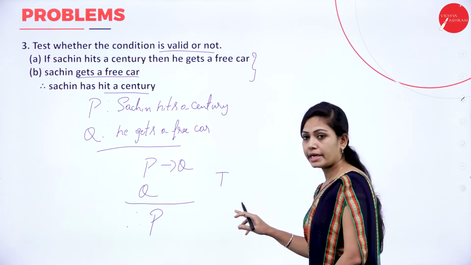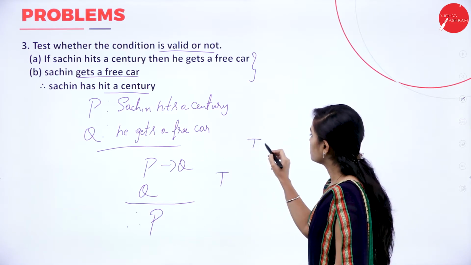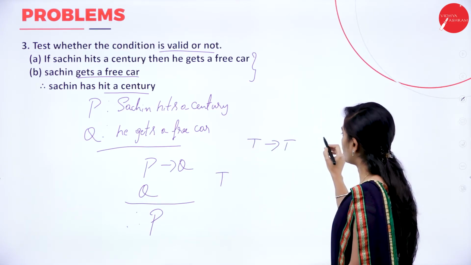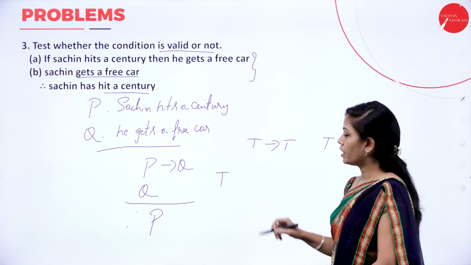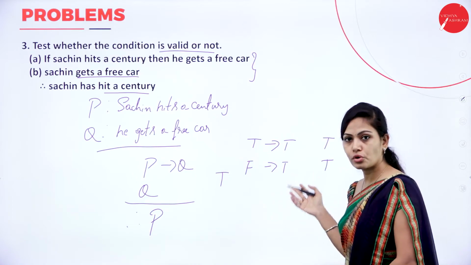There is no rule which asserts that P must be true. For example, true implies true gives true, and false implies true is also true.